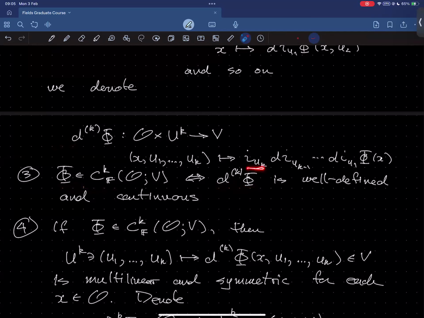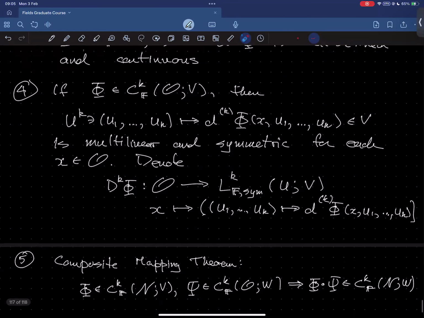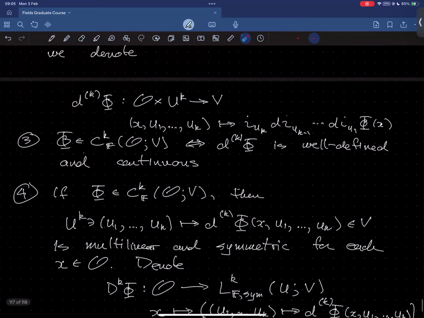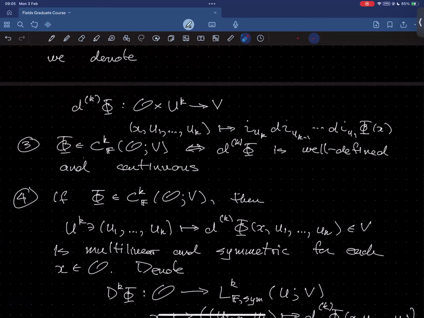So in other words, this business over here makes sense, and is continuous. So we proved that if phi is of class CK, then this is well defined and continuous, and we did that by induction on K. The other direction, as I said last time, is genuinely hard. The proof is in the course text if you feel like taking a look at that. Okay, good. So now we have higher derivatives, so we can talk about those.